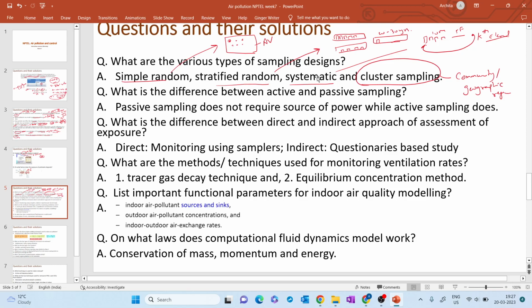Active sampling is generally preferred because there you have control over the volume of air that goes in and comes out, over the time schedule, and over the size selectivity, that is, what sort of particles will settle and what sort of particles will be excluded or get out with the air.